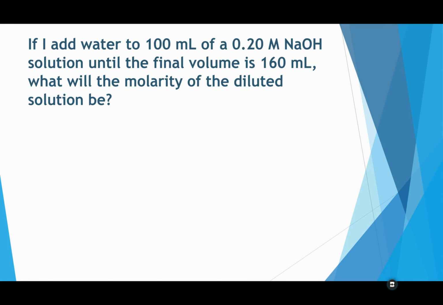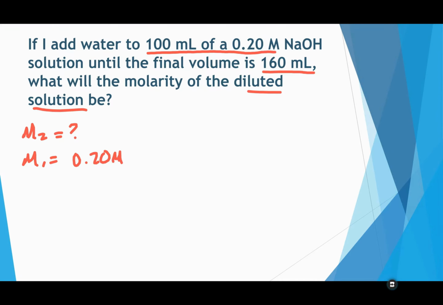If I add water to 100 mL of a 0.20 molar solution until the final volume is 160 mL, what is the molarity of the diluted solution? So I know I'm trying to solve for M2. I have an M1, but I skipped the volume because this one is worded a little bit differently.